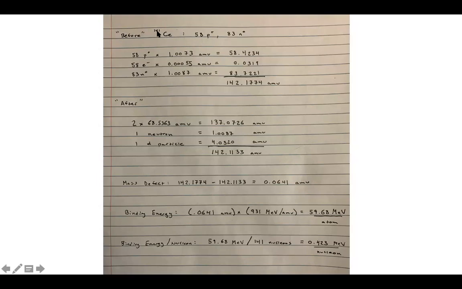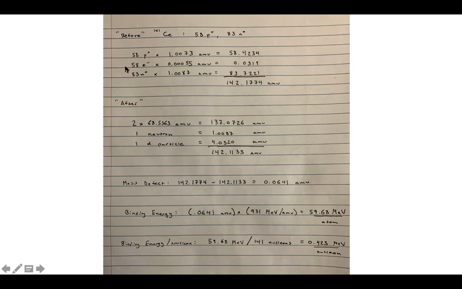And if it has a mass of 141 and it has 58 protons, it has to have 83 neutrons. So we know how many protons there are, we know how many neutrons there are, and there's no indicated charge on Ce, so we're going to assume it's neutral, right? And remember that neutral atoms have equal numbers of protons and electrons. So that would tell us that this also has 58 electrons.